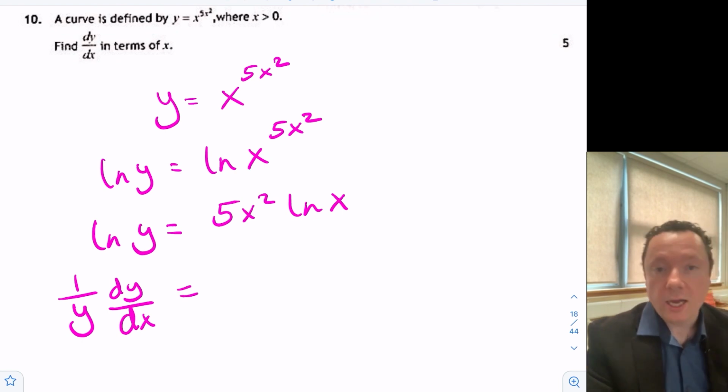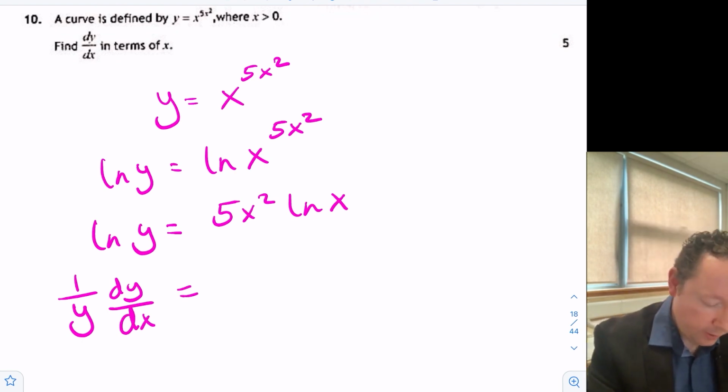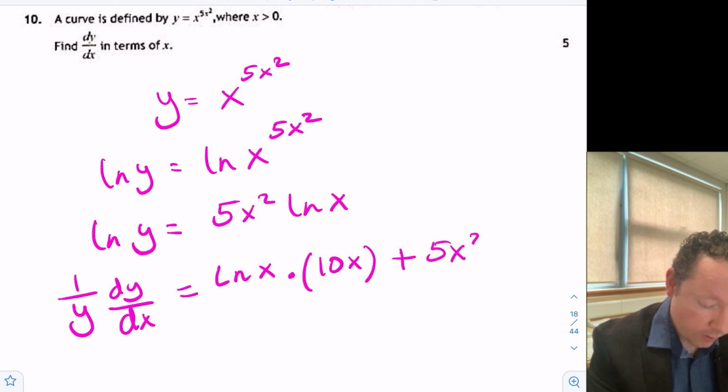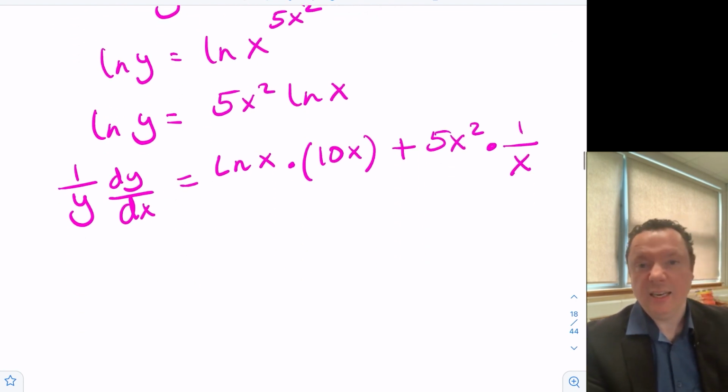So we've got vu dash plus uv dash, so v is log x times u dash is 10x, plus u, which is 5x squared, times v dash, which is 1 over x. And we'll just need to tidy it all up.